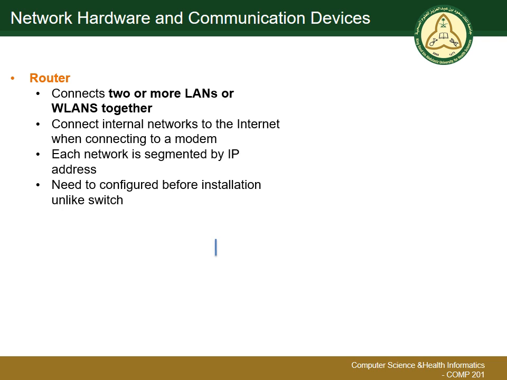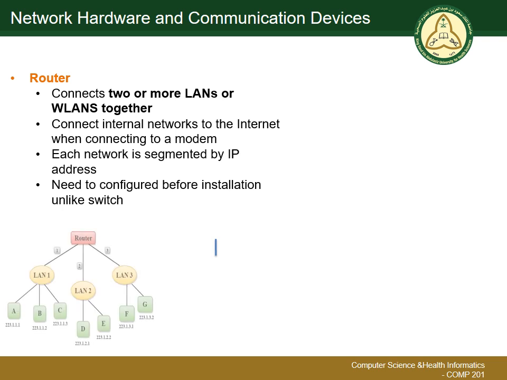Number 4 is the router. The router connects 2 or more local area networks, or WANs, or wireless local area networks. It connects internal networks to the internet when connected to a modem. Each network is segmented by IP address.